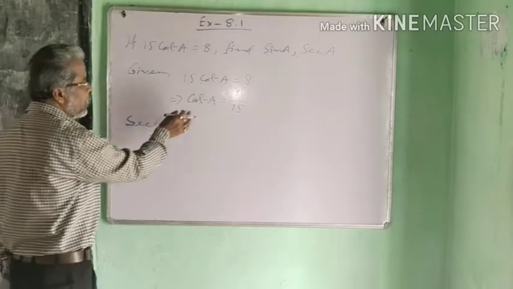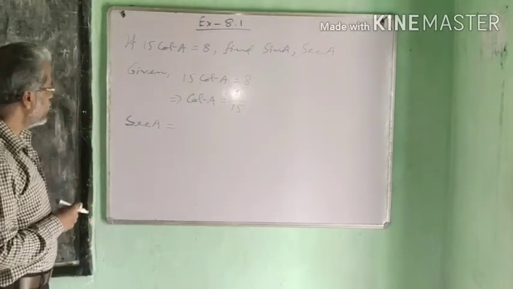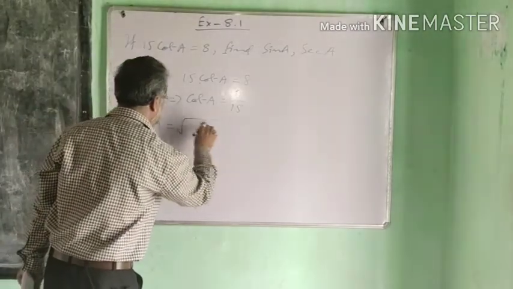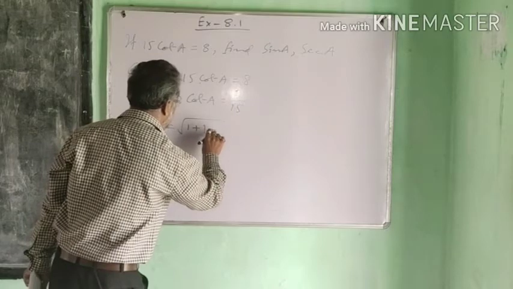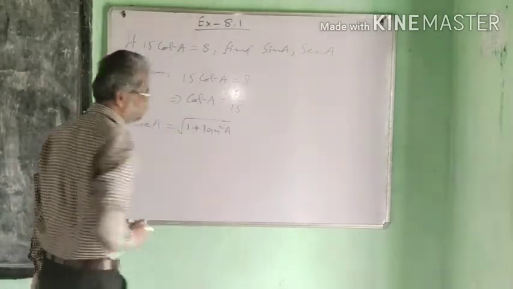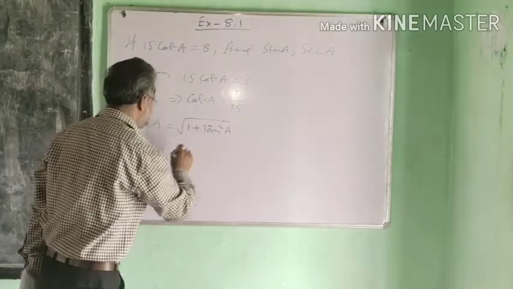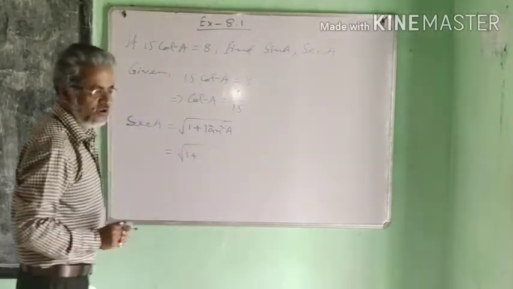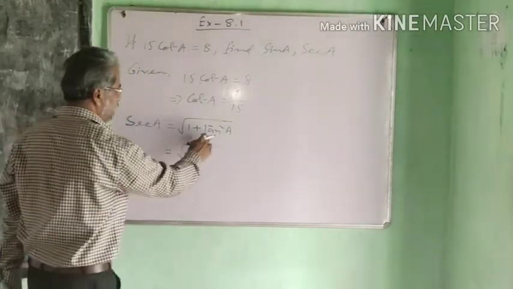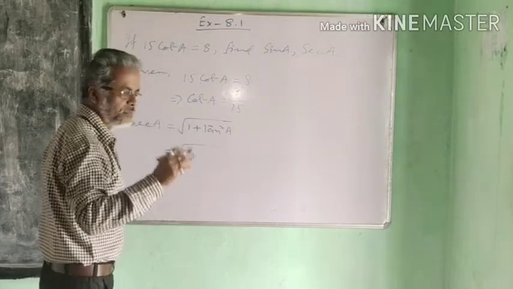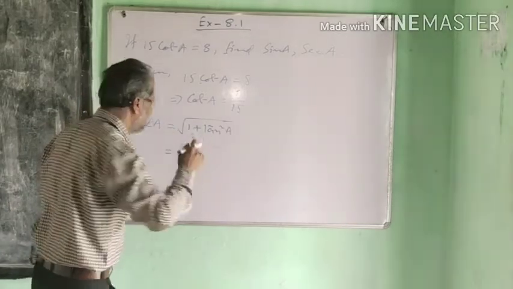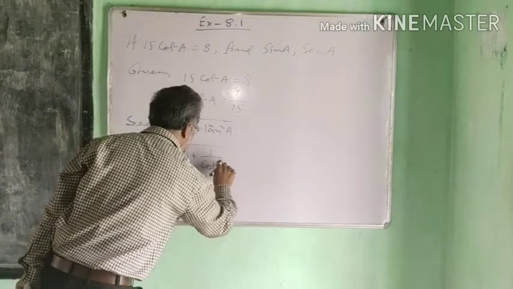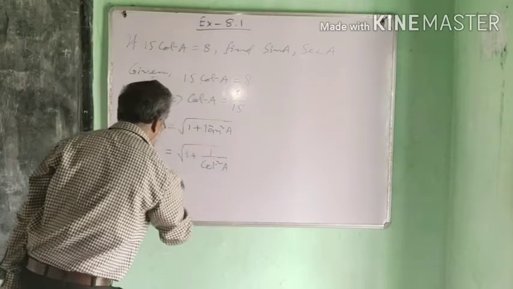Since you are given only cot A, we can transfer sec A to tan A. Sec A is root over 1 plus tan square A. From this relation, let us change tan A into cot A. Tan is the reciprocal of cot, cot is the reciprocal of tan. So tan square A we can write as 1 by cot square A. And then we can put the values.